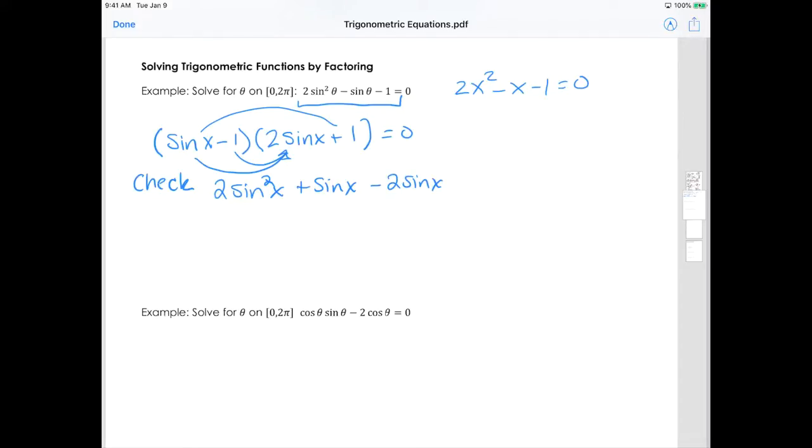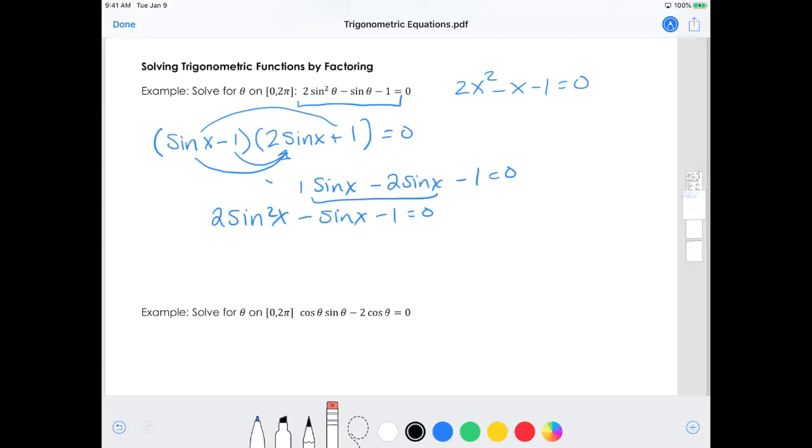And then negative 1 times positive 1 gives me a negative 1. And then if I combine like terms, I get a sine x and a minus 2 sine x. If I combine those, I get a minus sine x. And it works. So it's the same thing as what we have up there. So you can always go back and multiply it through to check to see if it works, if you're not sure you factored it correctly.